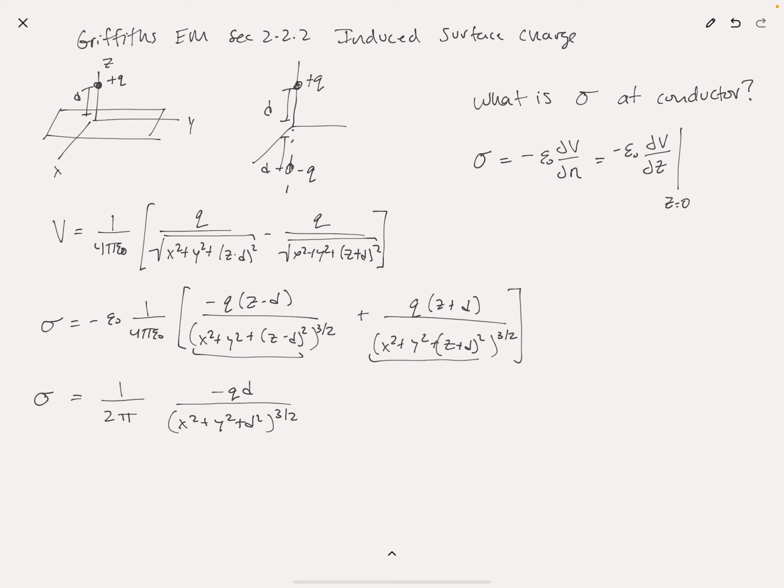All right, so we found the surface charge density. It is a function of x and y, as you might expect. And we have x squared plus y squared in the bottom, which makes it seem like it's going to be radially distributed, something like a circle. So that sounds about right.